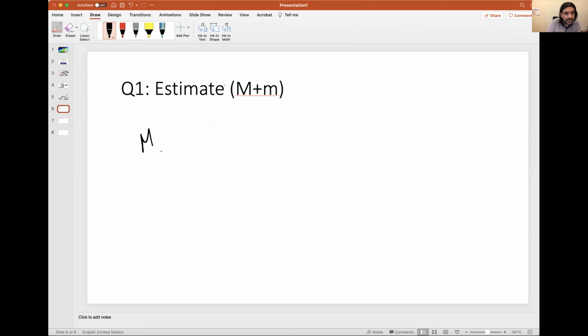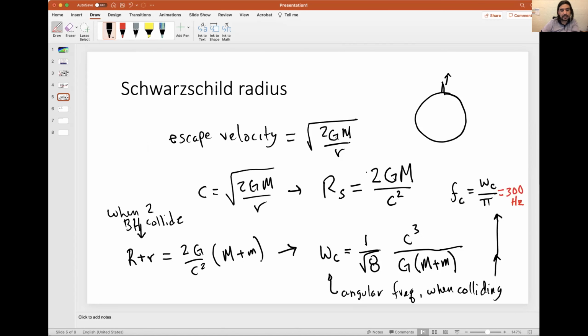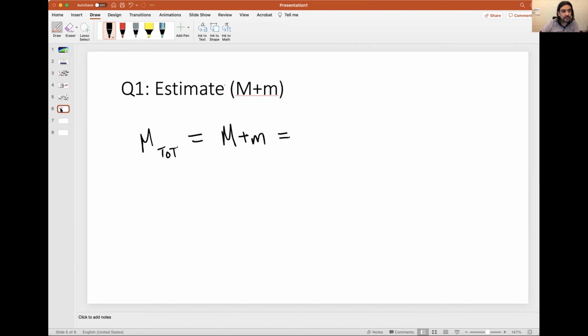The total mass of the big object once the two crash together is given by little m and big M. Just looking at this previous equation, this one right here, I'm solving for the two masses together in terms of the other constants.